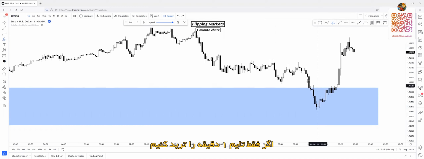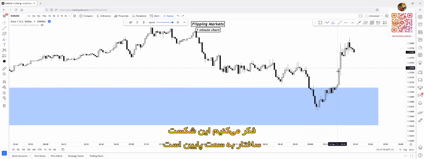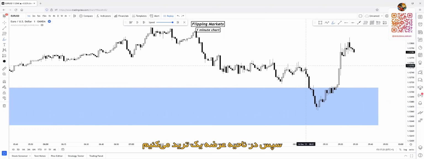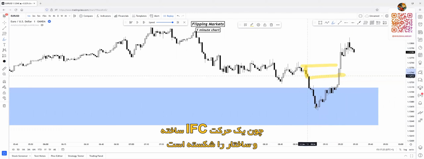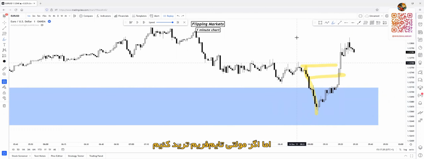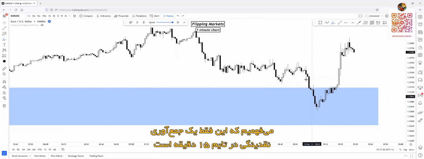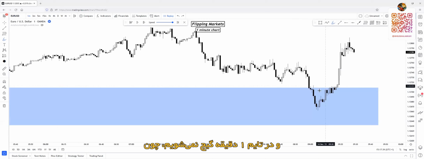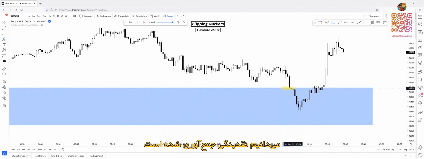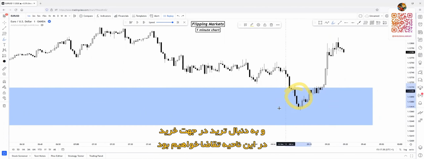If you're only trading the 1-minute chart, we will think that is a break of structure to the downside, and we will open a supply trade here because it created inefficient movement and a break of structure. But we trade multiple timeframes, so we will know that this was just a liquidity sweep on the 15-minute, and it won't confuse us on the 1-minute, because we know that the liquidity has been swept, and we will look for long entries inside of this demand zone.